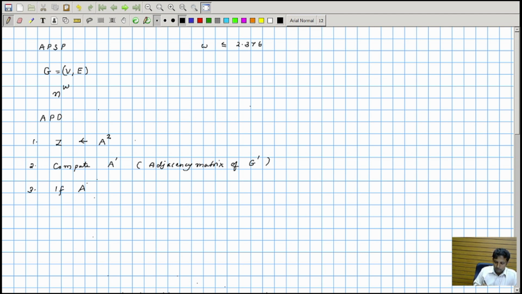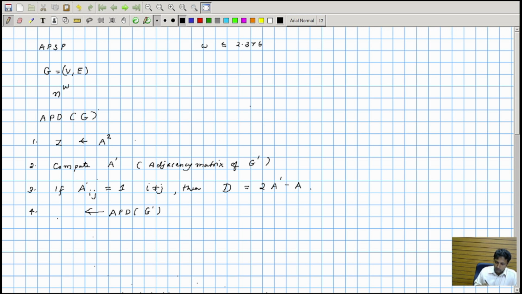So if A prime i comma j is equal to 1 for all i not equal to j, then we argued that the distance matrix will be equal to twice A prime minus A. If this is not so, then we have to do further computations recursively. So for graph G, we will compute the all pair distance for G prime.